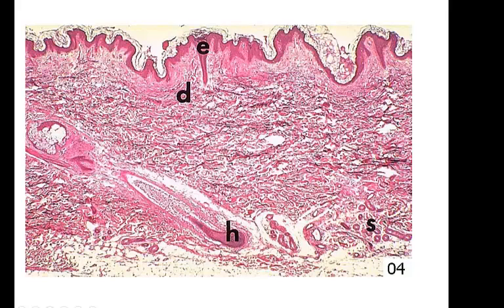And then all of this right here that looks woven, all of this big area down here, we call this our dermis, and this is dense, irregular connective tissue. Down here we have fat in the hypodermis. This is a layer of fat. There's a hair, by the way, and there is an oil gland, a sebaceous gland. But this is dense, irregular connective tissue. That's what it looks like from further away.